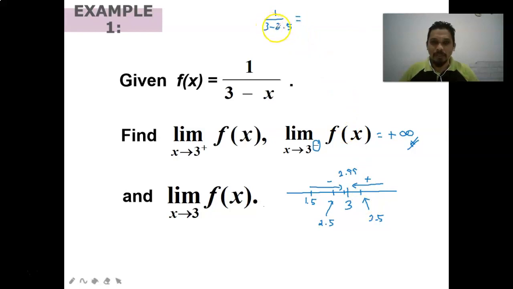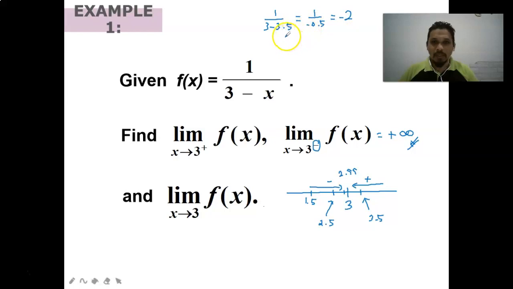Of course 3 minus 3.5 equals negative 0.5. So you can see here it's negative, so 1 divided by negative 0.5 equals negative 2.